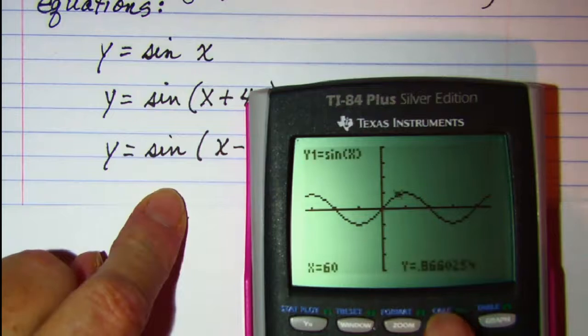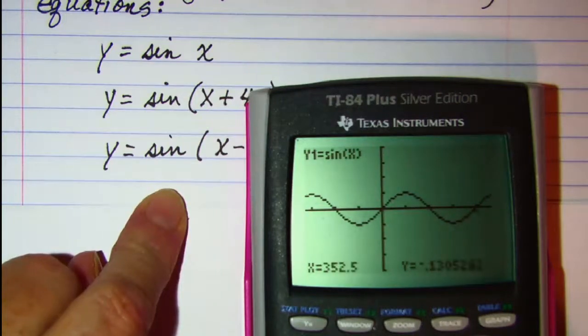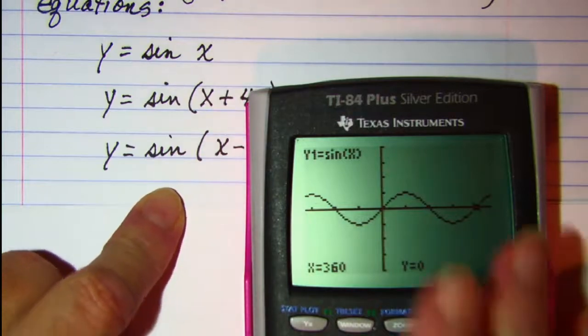If I trace here, I have it starting at 0, 0, and then it crosses the axis again at 180 degrees, and that one period ends at 360 degrees.